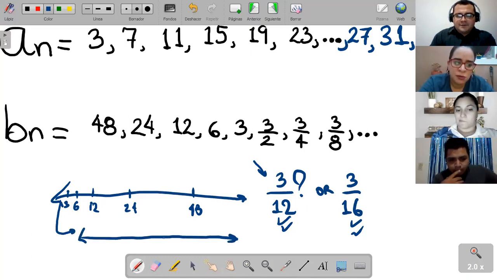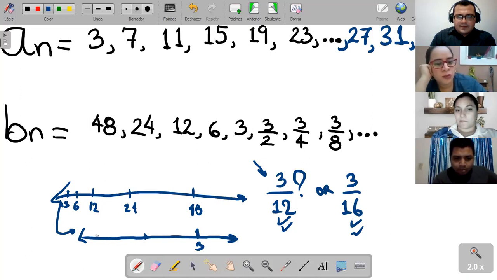The half of 3, if I have 3 over here, will be like, okay, here is 2, there is 3. The half of 3 will be 3.5.